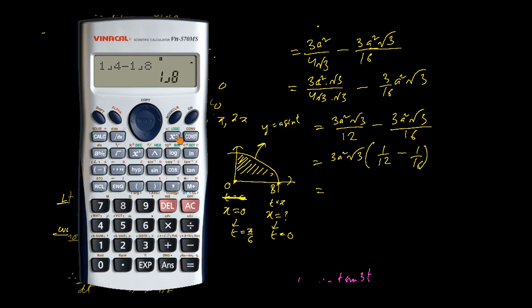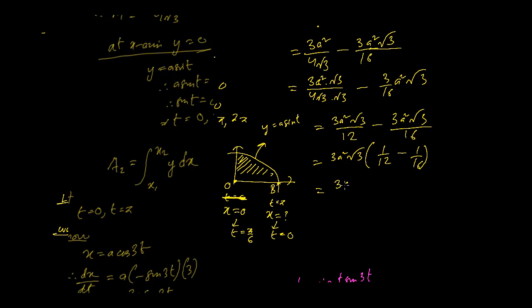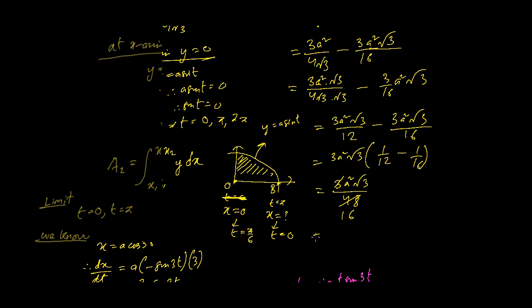That will be 1 by 48. So this will be 3a square root 3 by 48. If I cancel this, 3 1s are 3, 3 16s are 48. This would be a square root 3 by 16. Okay, so this is the area of the shaded region.